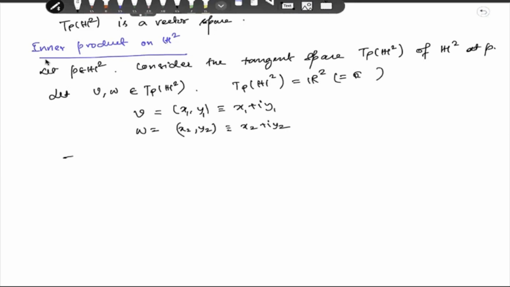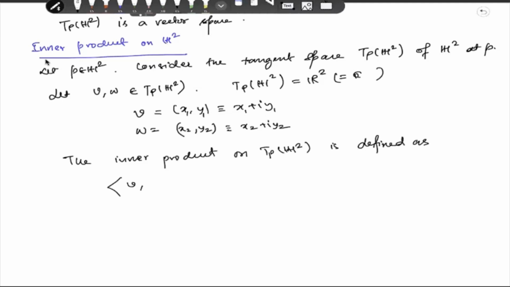So the inner product on this tangent space is defined as follows. This is my definition.